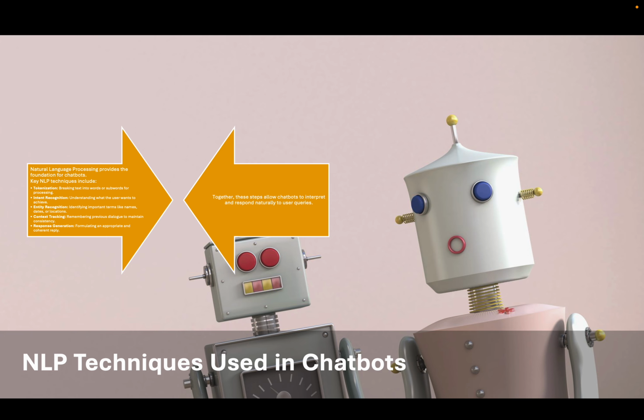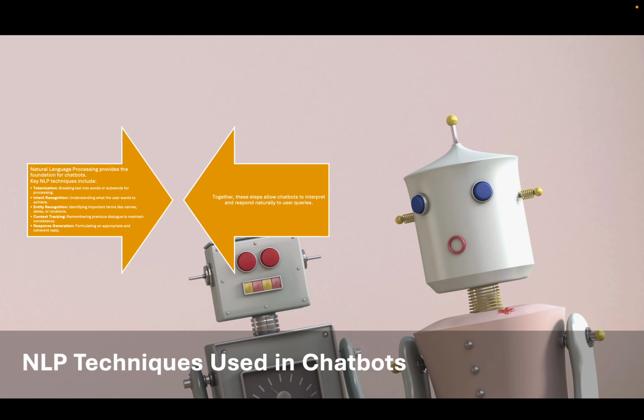Intent recognition is one of the most important parts. It determines what the user wants, whether it's booking a flight, checking the weather, or canceling an order. Then there's entity recognition, which identifies specific names, dates, places, or products mentioned. Context tracking allows the chatbot to remember what has already been said, enabling natural multi-turn conversations.